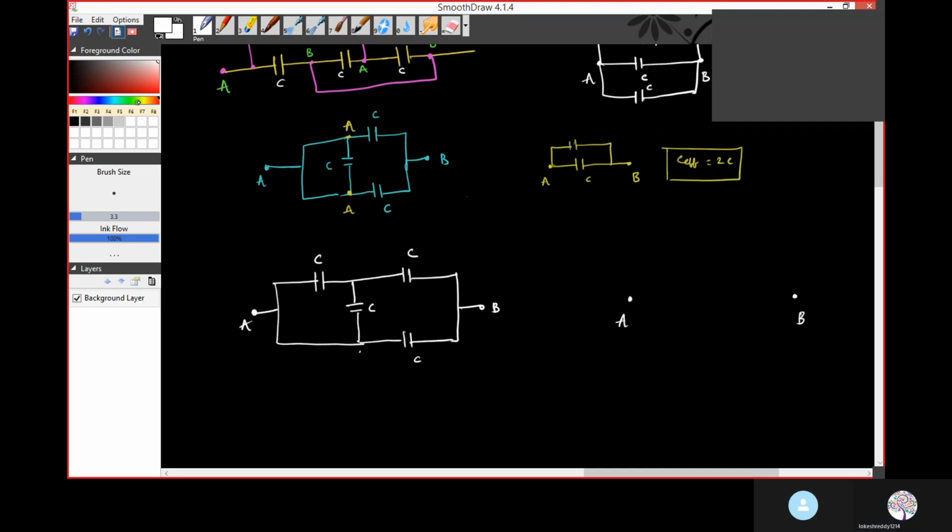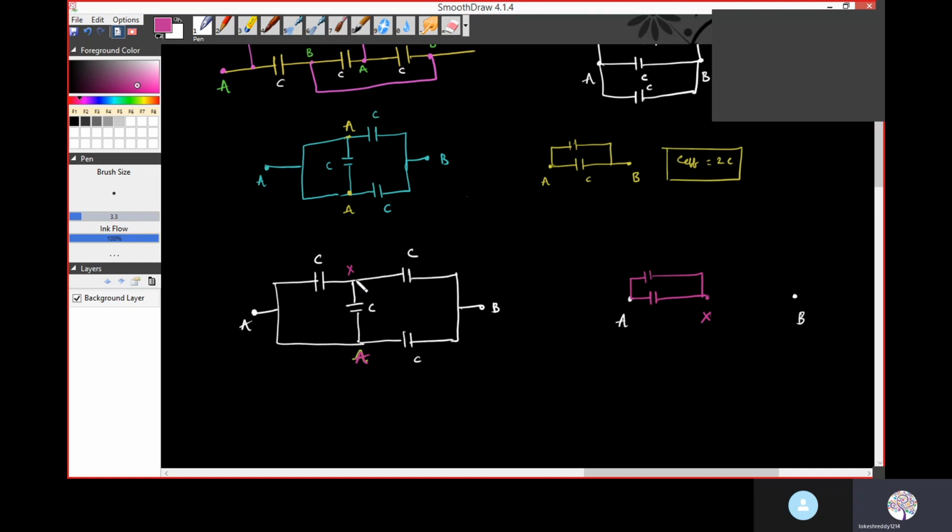Let us pick one dark color. This is A. So let us take this as X. A to X, one capacitor. Then X to A, can we remove that?